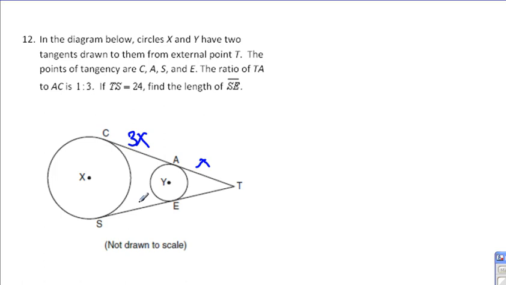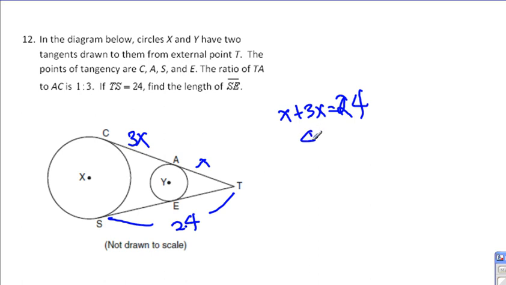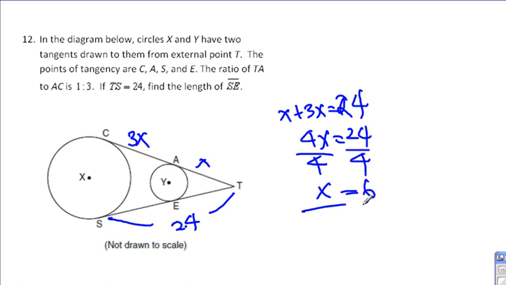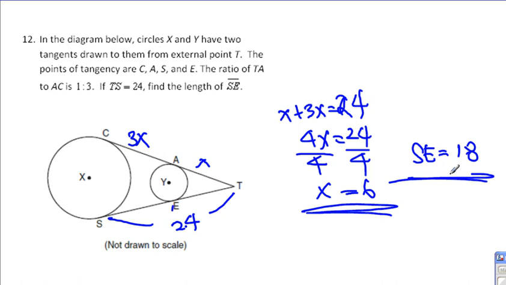Since TS is equal to 24, we can simply say that x plus 3x must be equal to 24, which makes 4x equal to 24, and dividing by 4, x now becomes 6. The question is to find the length of SE. SE is the 3x portion, so SE must be equal to 3 times 6, which is 18. That becomes our answer.